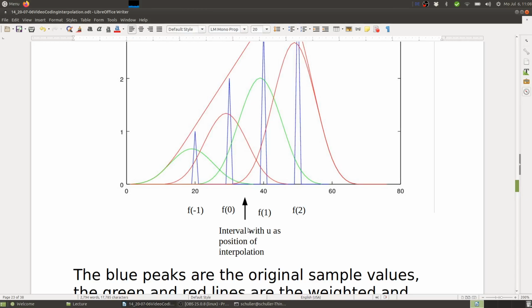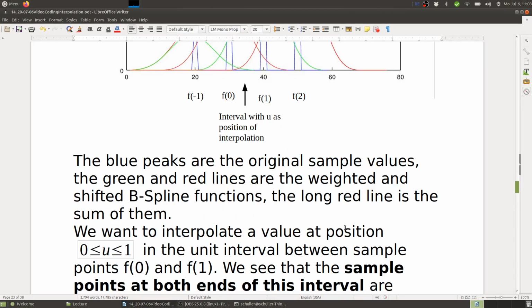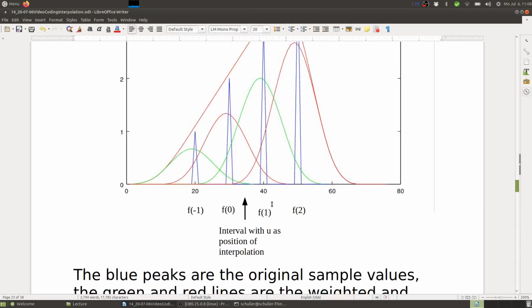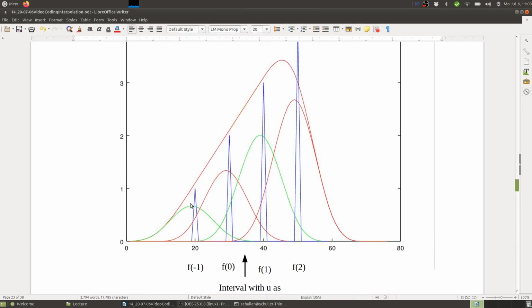Yeah, so this is an interval with u as position of the interpolation. So say here, maybe close to 0.5. Yeah, so here the blue peaks are the original sample values. The green and red lines are the weighted and shifted B-spline functions. The long red line is the sum of them. So here you can see it.